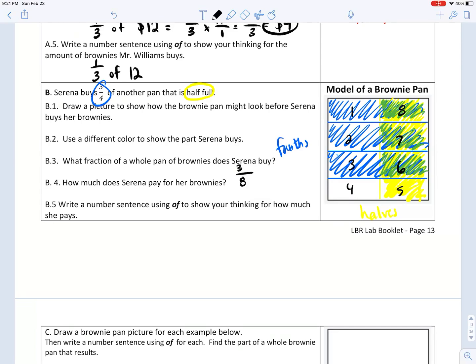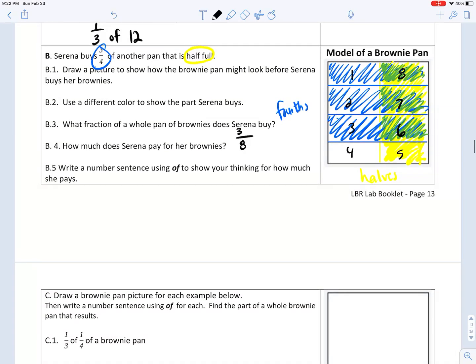So it looks like the fraction of brownies that Serena bought is 3/8 of a pan. Okay, so now we need to calculate, well, how much does that cost? So for B5, we know that 3/8 of $12 is going to be the cost. Right? Well, let's go ahead and calculate that.